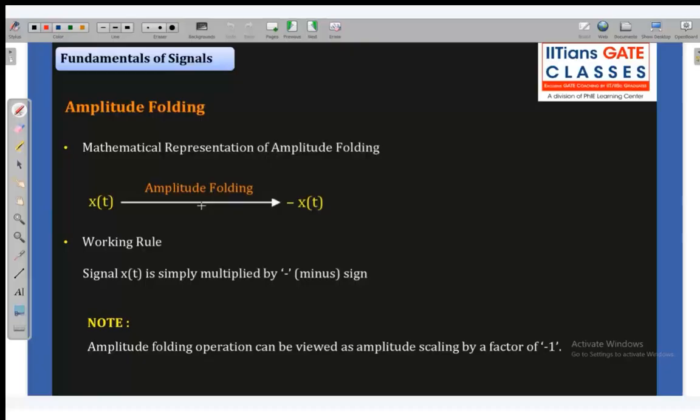Sometimes in pictures, too much light means the pixel values exceeded the maximum value. So there also we can use amplitude folding, which is also known as inversion, because you are inverting positive to negative and negative to positive.